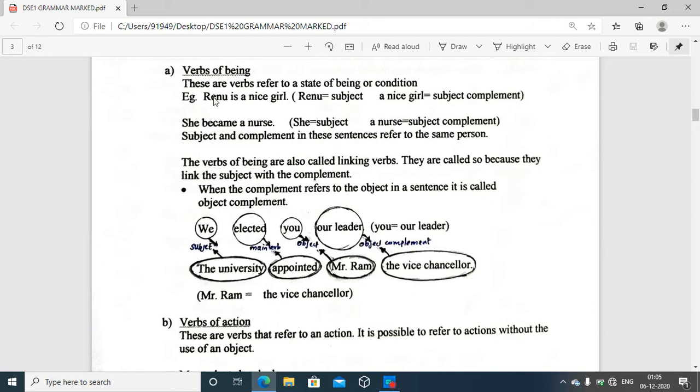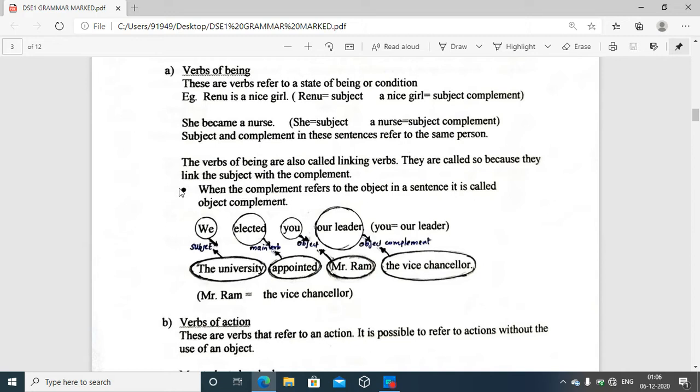So that is the way you can talk about "became" as the verb of being in this sentence. Okay, so that is clear. And this part refers to subject complement.